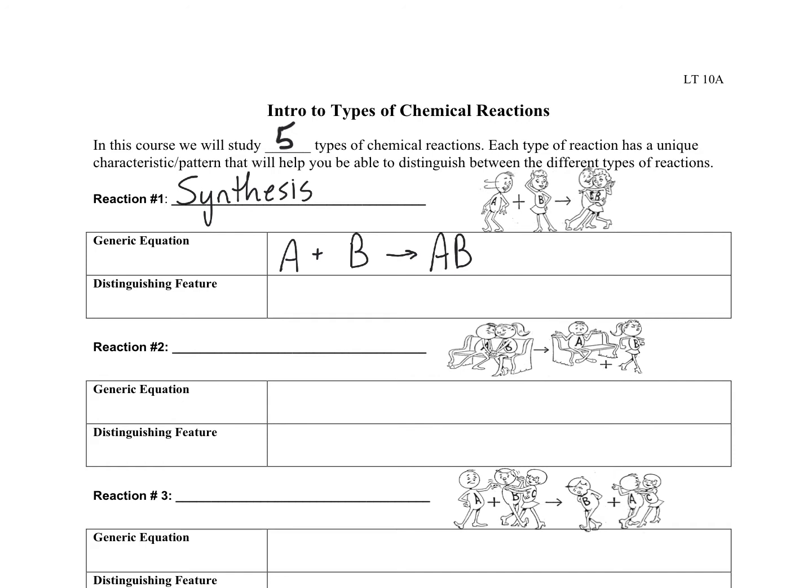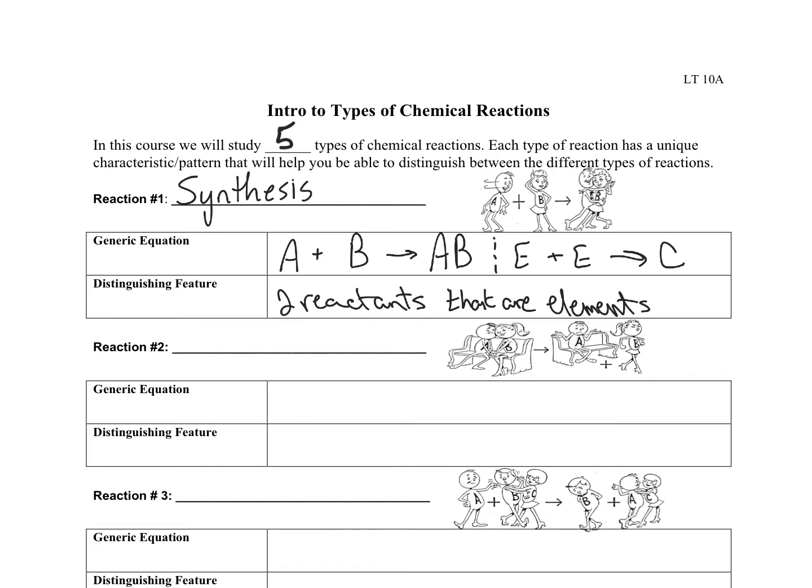So A and B tend to be 2 reactants that are elements, and they combine to make a single product. So a generic equation there, A plus B makes AB. You can also kind of think about this as element plus element makes a compound.